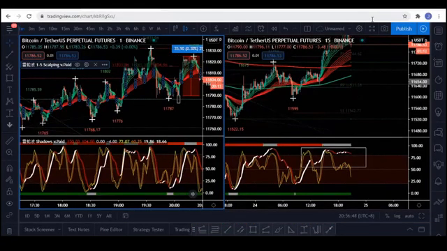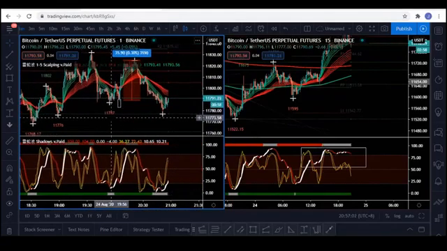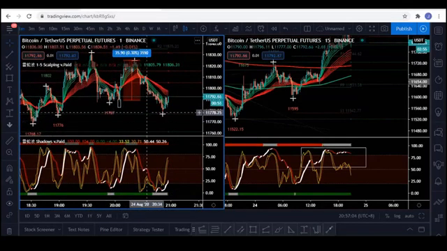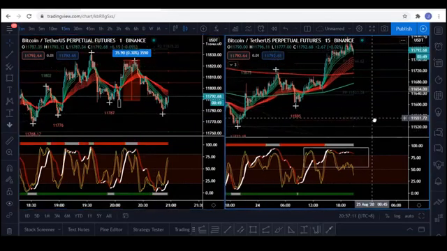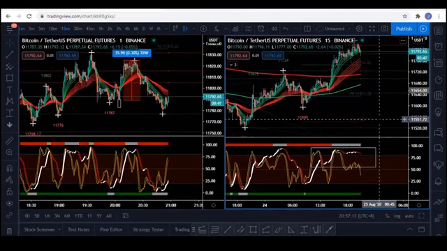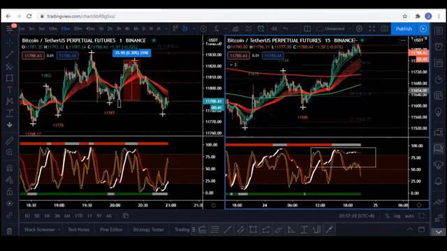Is EMA 200 the support for the bull zone for 1 minute only? No. In every time frame, EMA 200 acts as support and resistance. Not only for 1 minute. We are trend following in 15 minutes, so the trend in 1 minute doesn't matter. Whatever the trend in 15 minutes, we follow that in the 1 minute time frame.